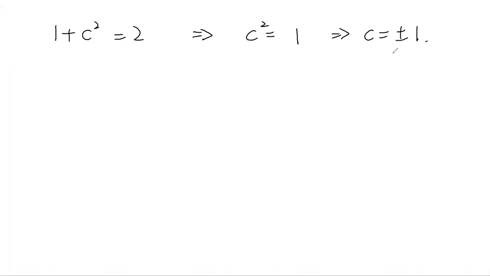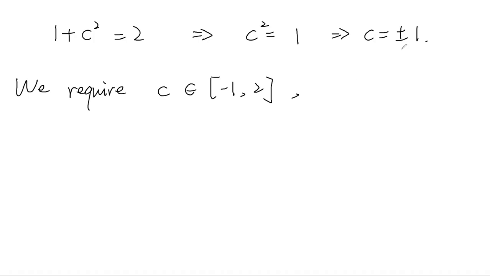But the question doesn't end here, because in the mean value theorem, we require c to be on the interval -1 to 2. So we need to check whether plus or minus 1 is on this interval.